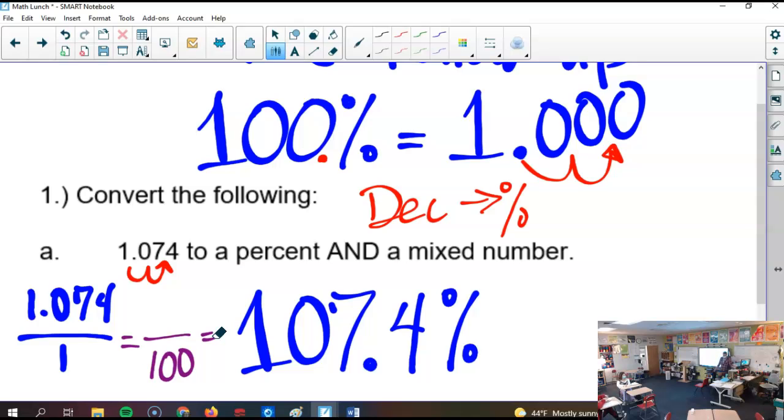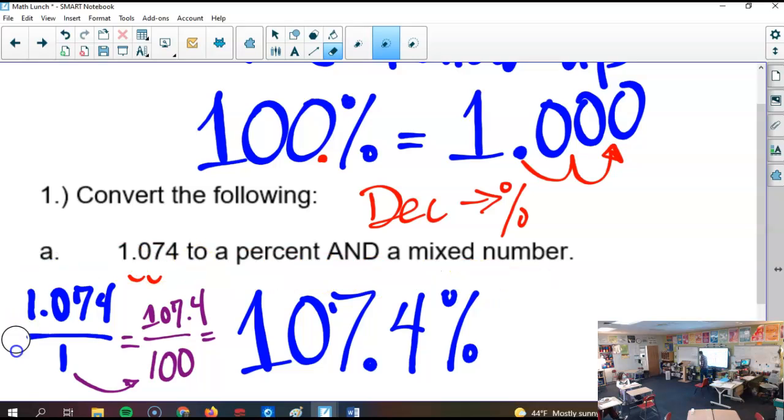So if we multiply by 100 on bottom, that's the same thing that happens on top, and multiplication by 100 turns this into 107.4, and since that's over 100, it's our percent. Any questions on that? So I'm going to erase it to do the mixed number.